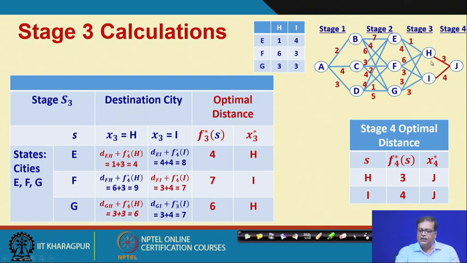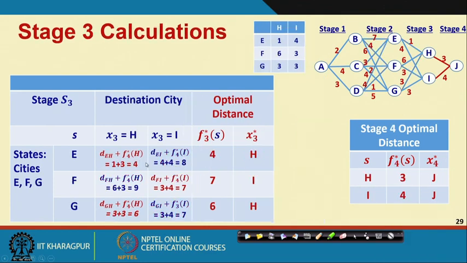So, we know F star H, we know F star I, we are making use of them. Say F star H is 3 and F star I is 4 and d from E to H is 1. So, it is 1 plus 3, 4, and here E to I is 4. So, 4 plus 4, 8, right. Now, 4 and 8, what is the lower value? The lower value is 4.